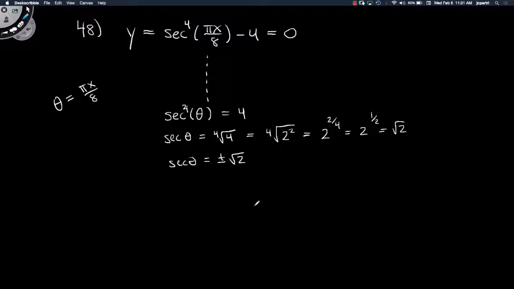Is that possible? Oh yeah. Now that means that the cosine is plus or minus 1 over the square root of 2, which rationalizes to that.